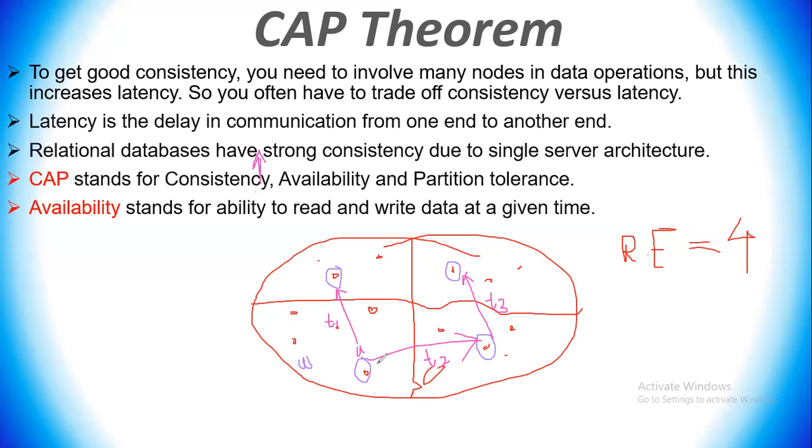When you have less replication, the partition tolerance is low, and the availability is also low, because if you get communication failures with a low replication factor, the availability will be low.